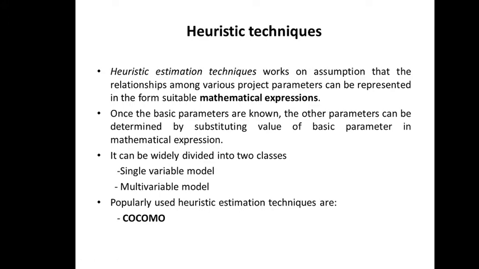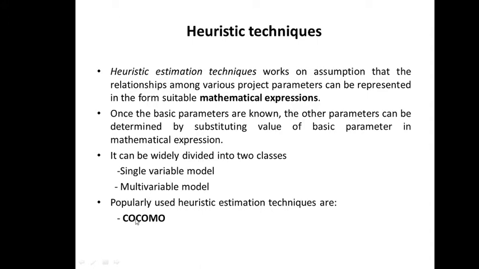Multivariable, you will have n number of variables there, and the output depends on the particular combinations of those variables, right? So now we'll be discussing the Cocomo model, which is very important, remember, right? Everyone must be thorough with this Cocomo model, which is a heuristic technique for cost and time estimation, totally based on mathematical expressions.